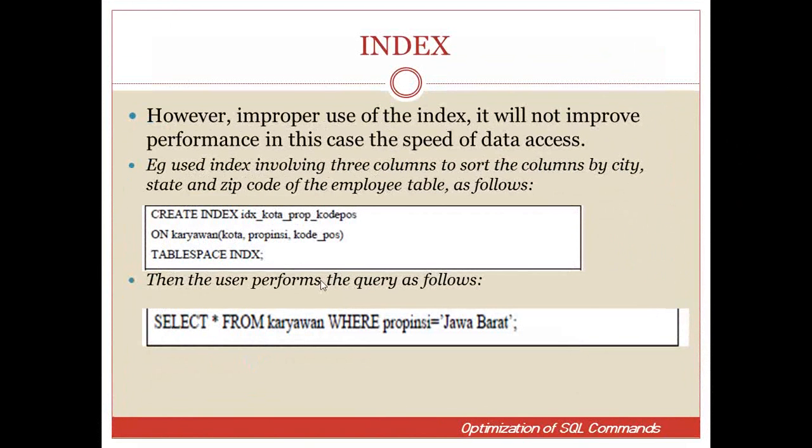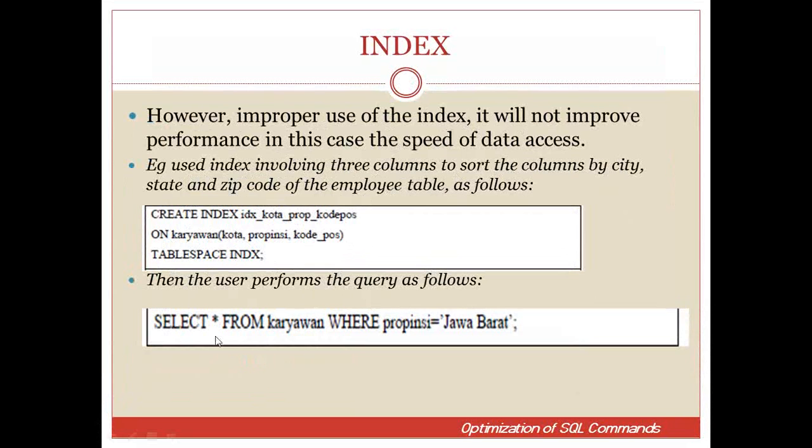However, improper use of the index will not improve performance in the case of the speed of data access. Example, use an index involving 3 columns to sort the columns by city, state, and zip code of the employee table as follows. We make an index that is kota, provinsi, and kode pos in this table space, but the user performs the query as follows.